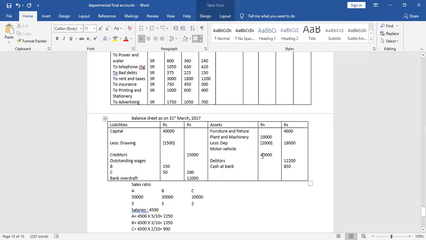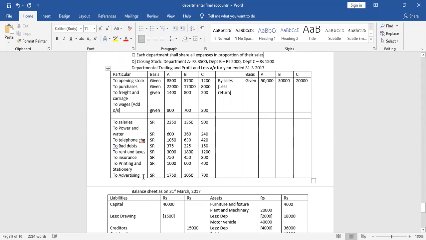Same way, motor vehicle also less depreciation. Depreciation is 4,000, and in the outer column we will write 36,000.